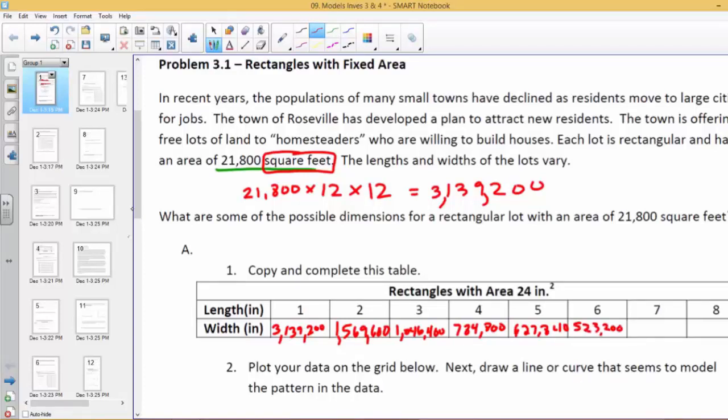If you divide by 7, you get a decimal, about 448,457.